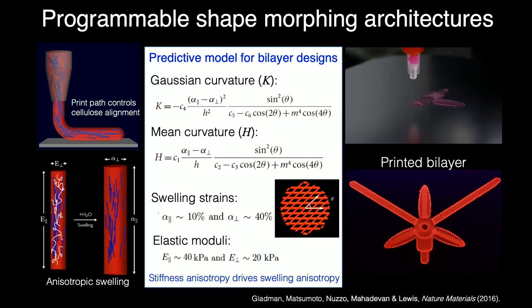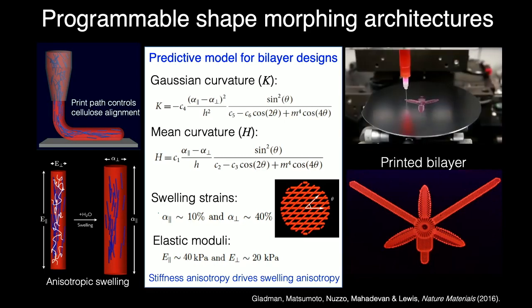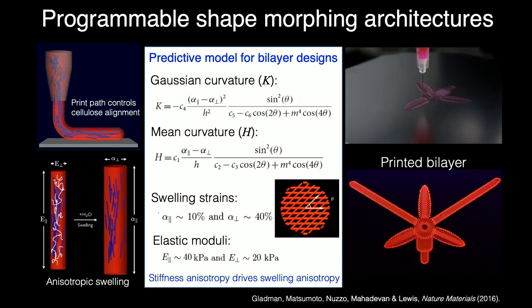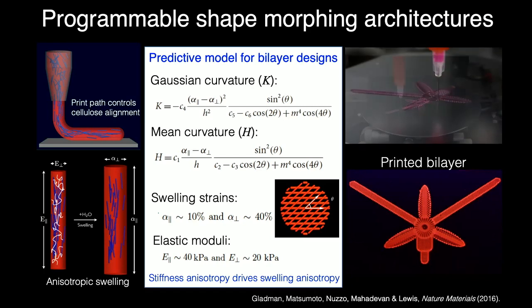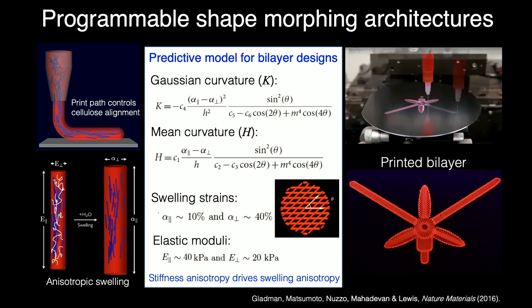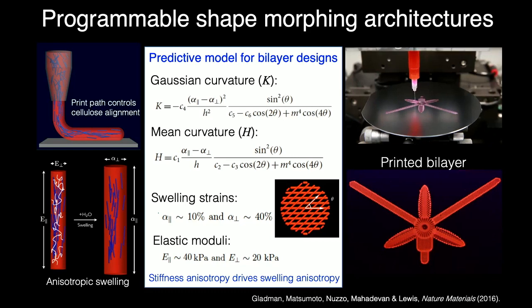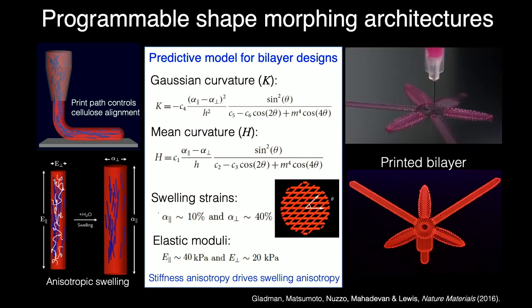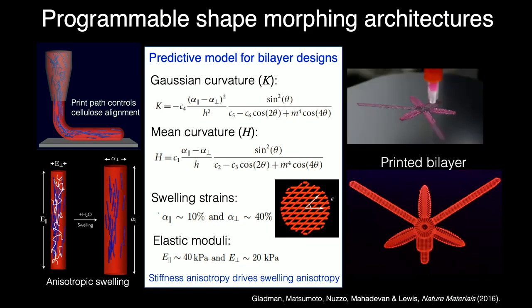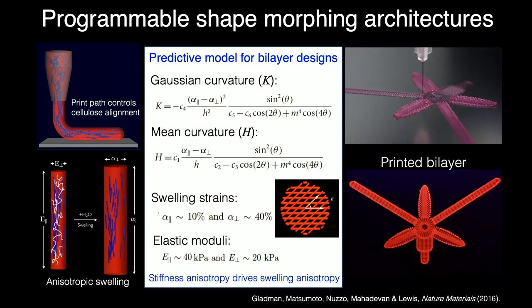And with Mahadevan's group at Harvard, who developed a predictive model that predicts both mean and Gaussian curvature, just based on the orientation difference between the bilayer filaments that we're printing, coupled with these experimentally measured values, we can create complicated bilayer architectures such as the one shown here. And you can see along these different features that the bilayer design is quite different. And each of those is encoded with a specific shape morphing characteristic.